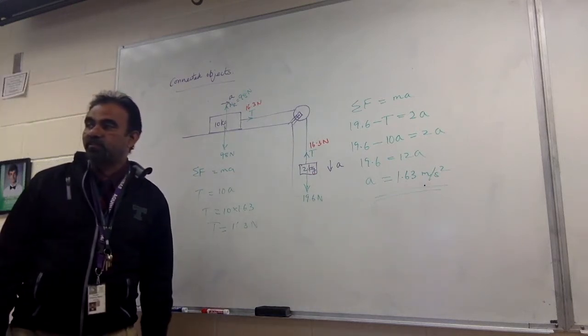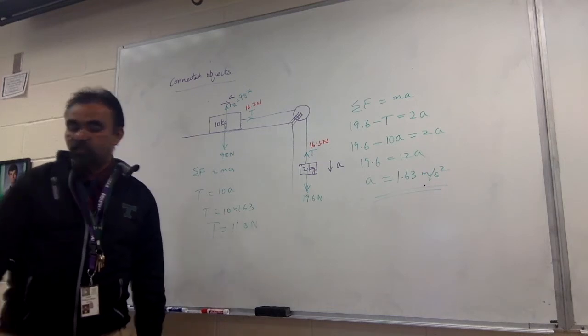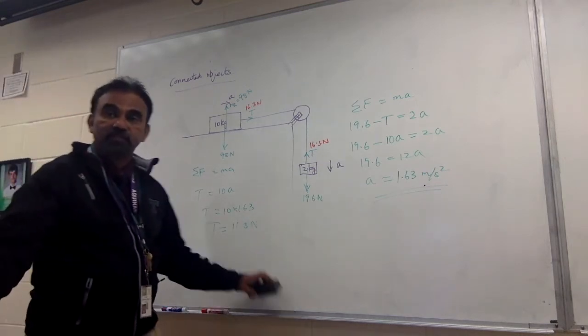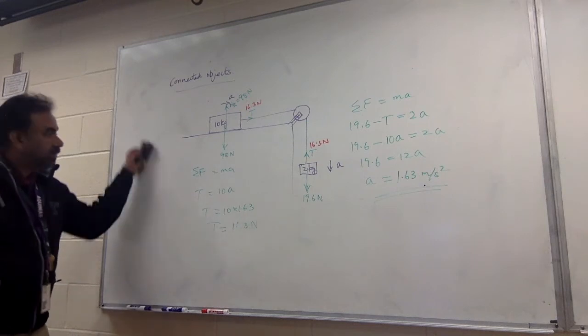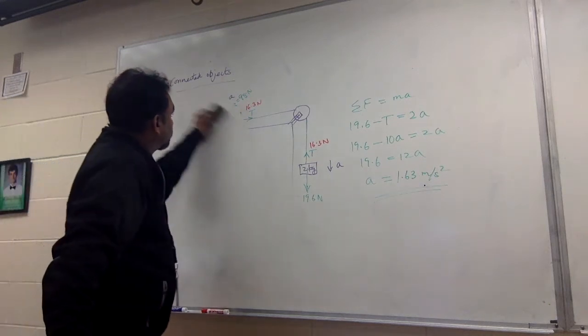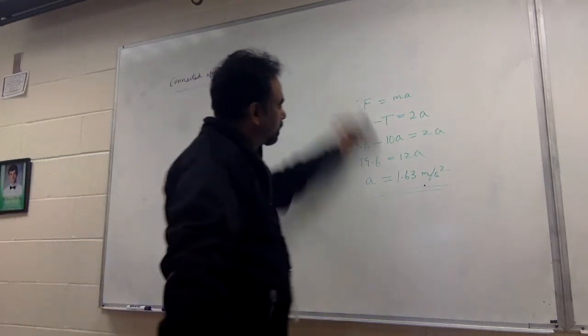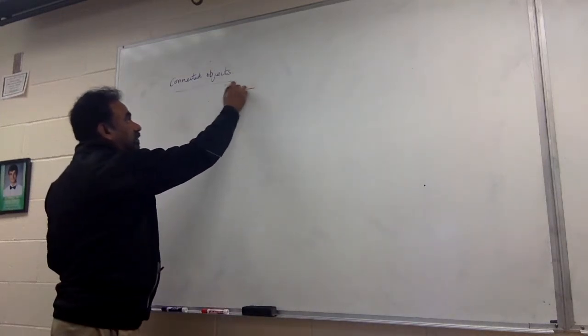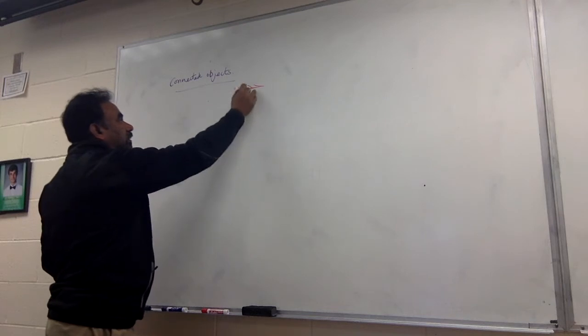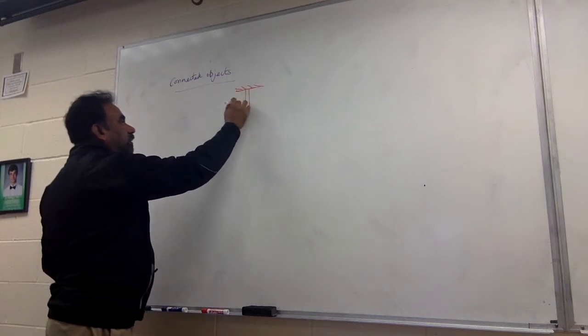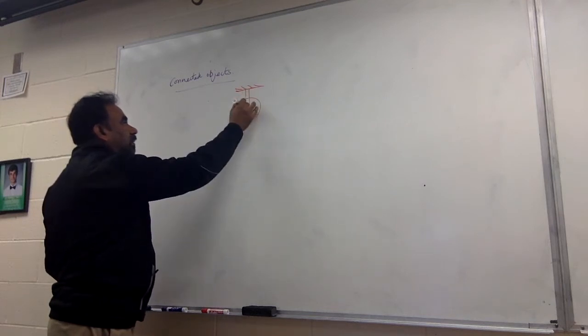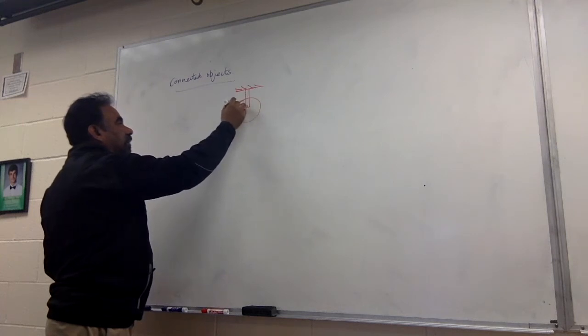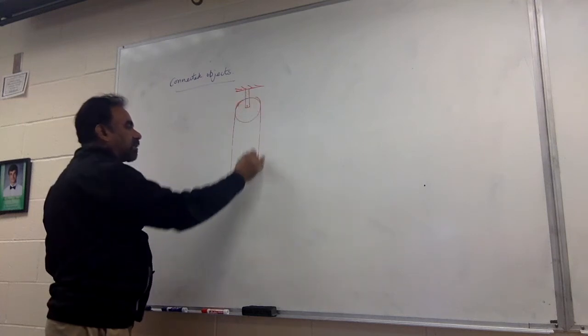Any questions on this? Now you can do one of yourself. Okay. Here's the problem. That's the ceiling. And there is a pulley, and on this pulley there's a string hanging on both sides.